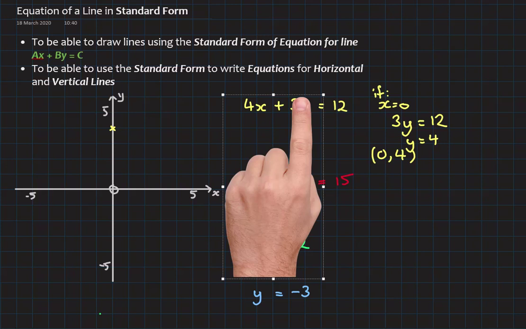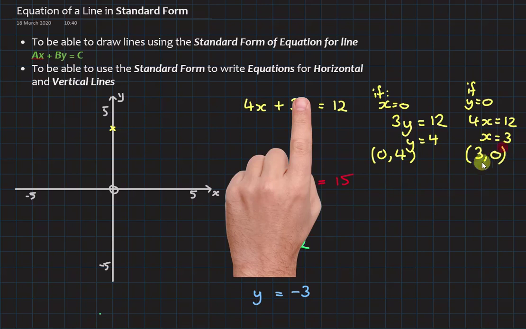If y equals 0, we now have 4x equals 12. That solves to divide both sides by 4, x equals 3. So I now have another coordinate, which is at 3, 0.